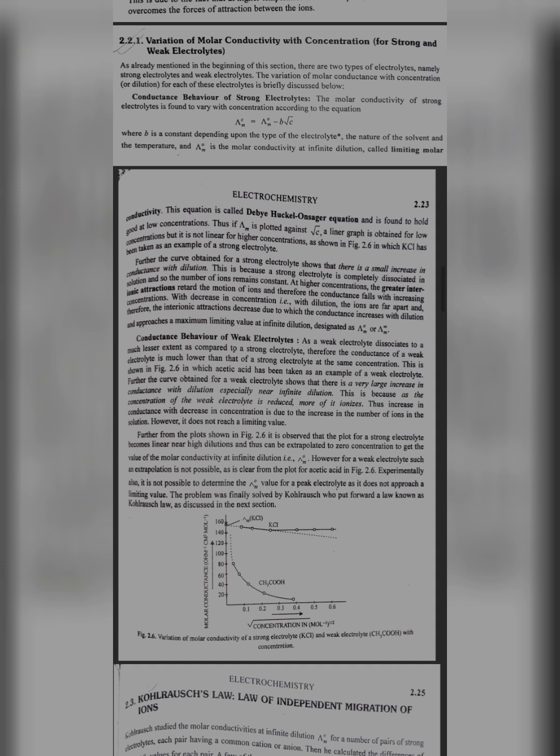Conductance behavior of weak electrolytes. As a weak electrolyte dissociates to a much lesser extent compared to a strong electrolyte, the conductance of a weak electrolyte is much lower than that of a strong electrolyte at the same concentration. This is shown in the figure, in which acetic acid has been taken as an example of a weak electrolyte.